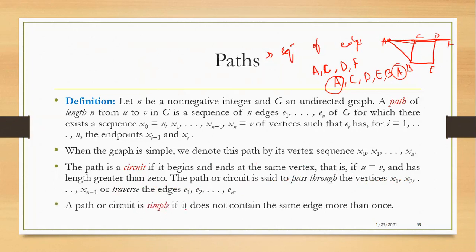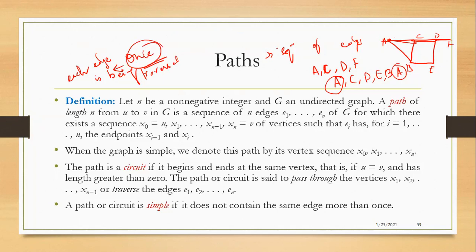A path or circuit is simple if it does not contain the same edge more than once. Suppose we are traveling through the edges and each edge is being traversed only once. That is, we are going through that edge only once.